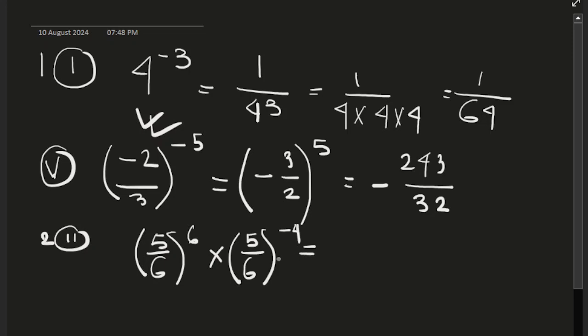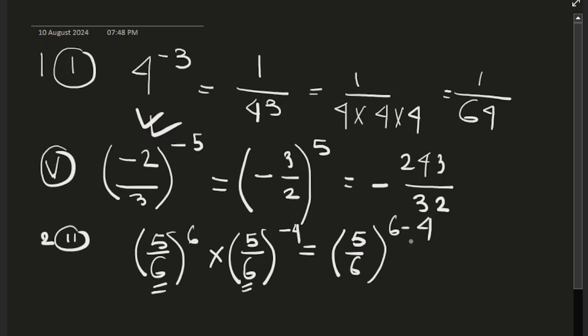So I can see here this base and this base are the same. Powers are not the same. I have already told, when bases are the same, then we keep the same base, which is 5 by 6, and as we are multiplying here, the powers will be added. Now here the power 6 is there and here minus 4 is there. So 6 and minus 4, if we add, it will become 6 minus 4.